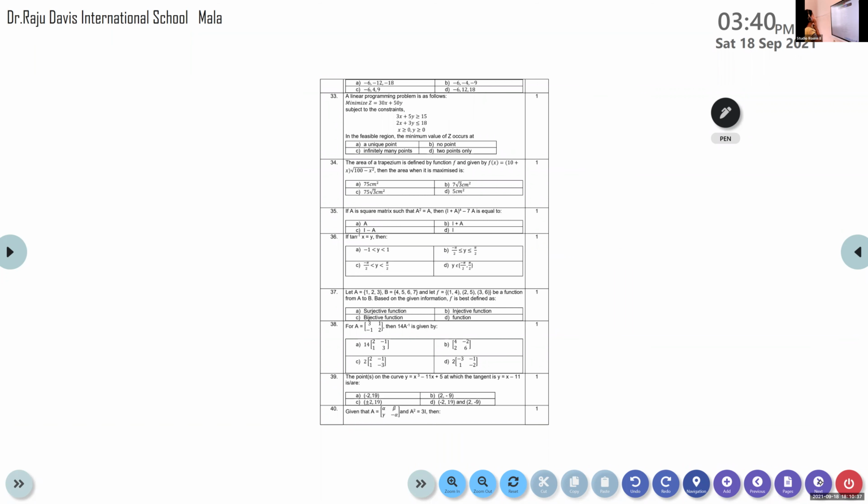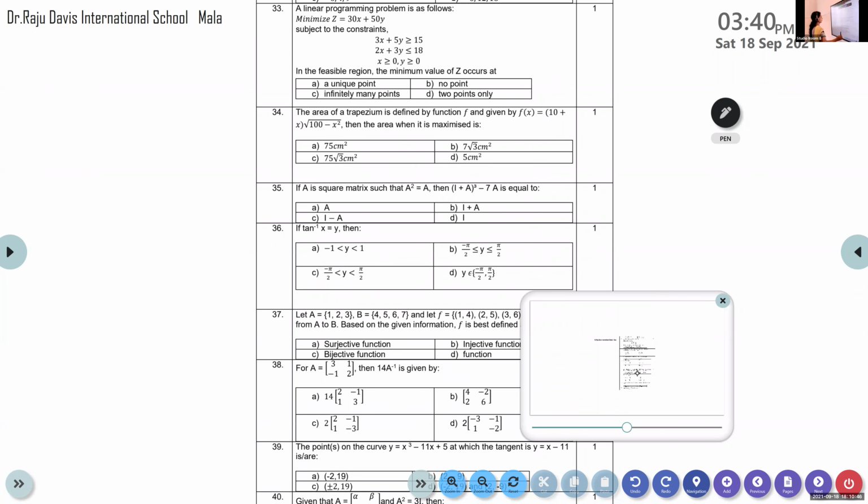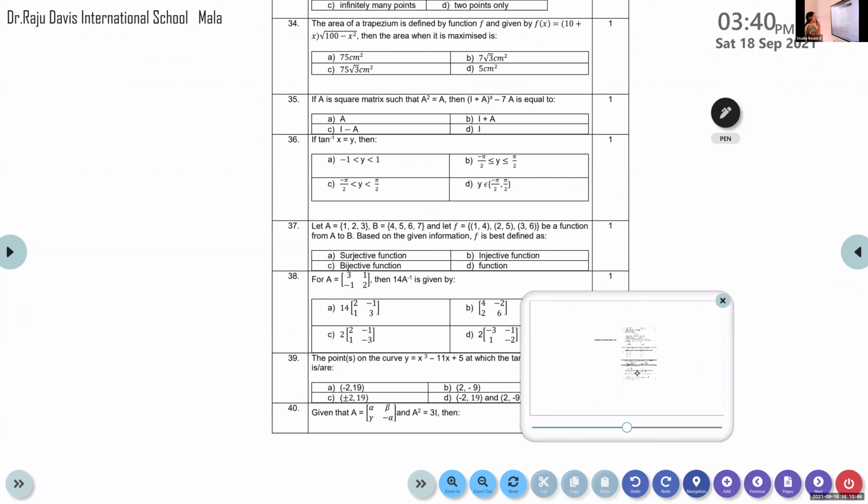In the next one, 37th question. A is equal to the set {1, 2, 3}, B is equal to {4, 5, 6, 7}. F is {(1, 4), (2, 5), (3, 6)}. Then F is best defined as? What is the answer?